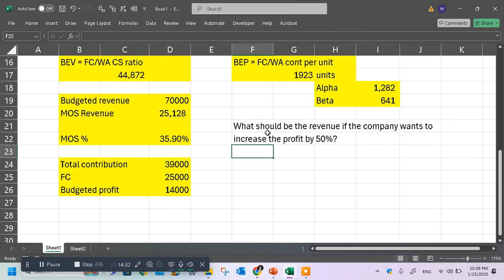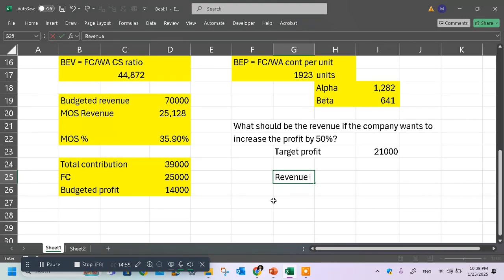They are giving you a target profit and asking you to find the revenue. They want this profit to be increased by 50%, means the new profit should be 150%. 50% increase means 150% target profit.